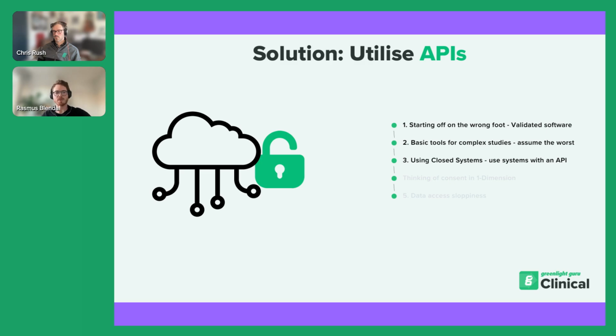So the solution here is to find systems that utilize APIs. Without going too deep technically in it, an API is essentially a way for different systems to interact with each other. It ensures that there is a way to interact with the system without someone having to go in manually and click around using a computer interface.